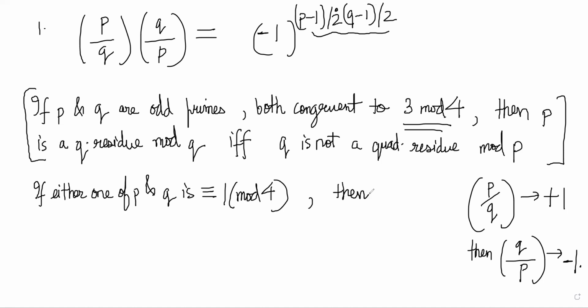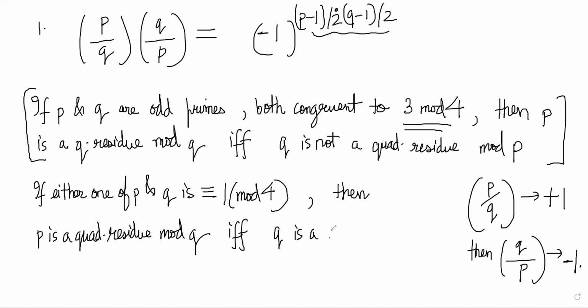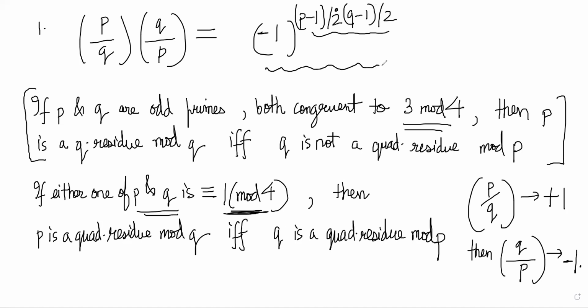Then we can say that P is a quadratic residue mod Q if and only if Q is a quadratic residue mod P. So in case any one of the primes is of the form 1 mod 4, then the product here will become 1. That means both of them have the same nature. They have to be both quadratic residues of each other or both quadratic non-residues, right?